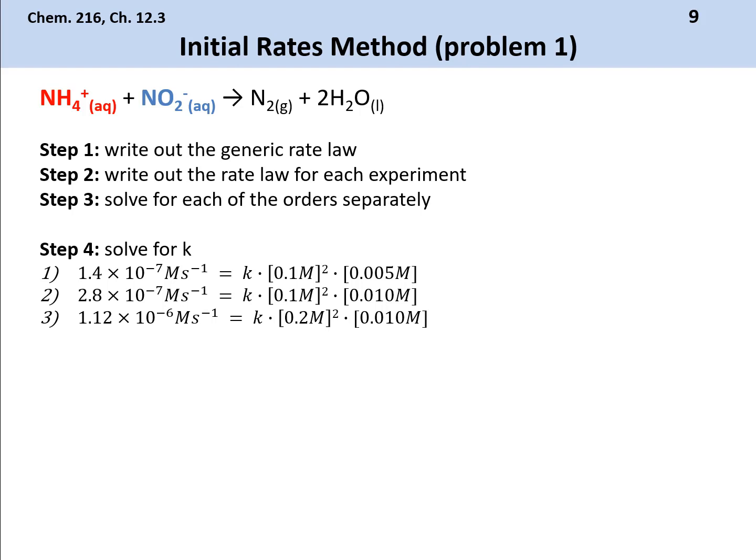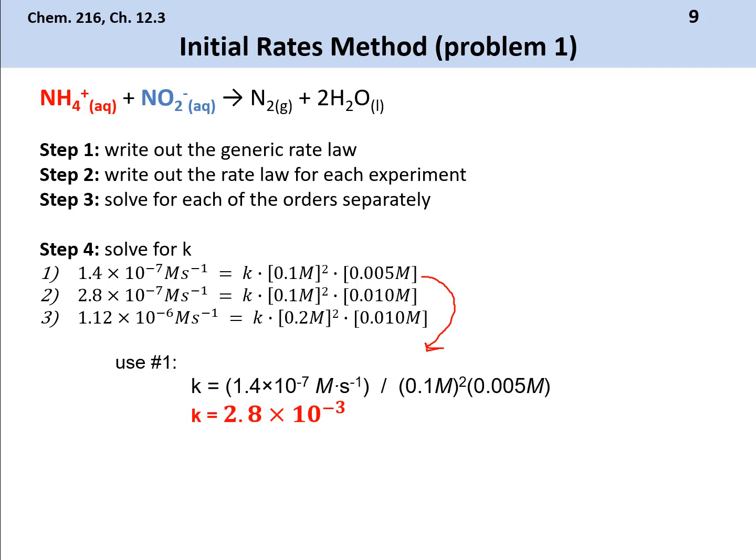Here's the trick: which one am I going to use? I can use any of them. So I'm going to use this first one and rearrange it such that k equals the rate over this concentration squared times this concentration. And that's going to get me 2.8 times 10 to the minus 3. That is the value for my k.